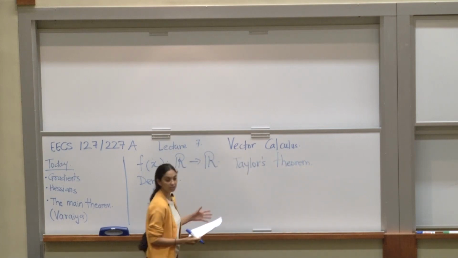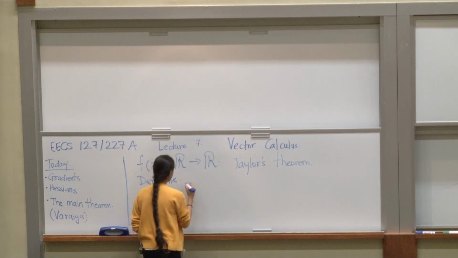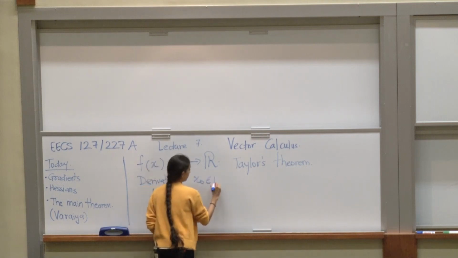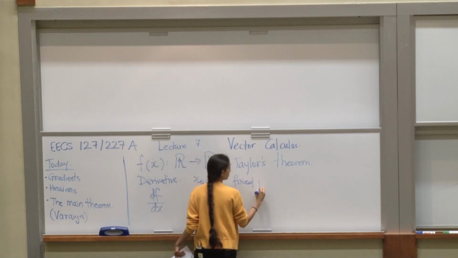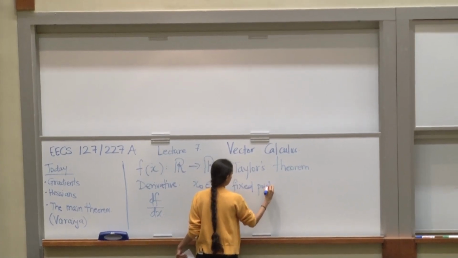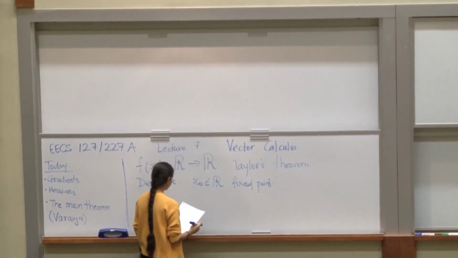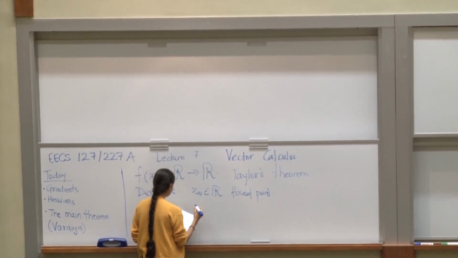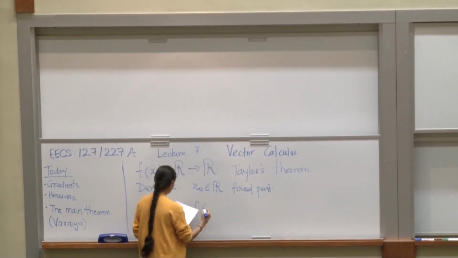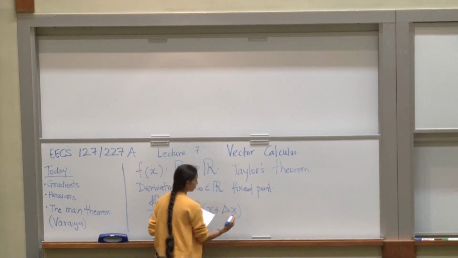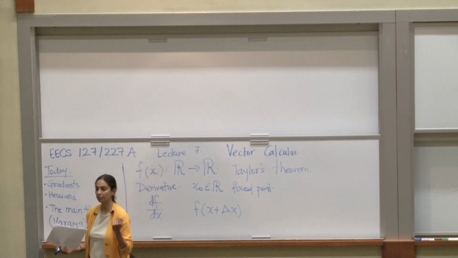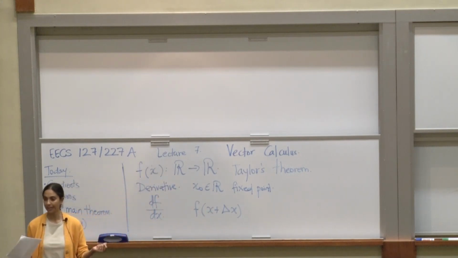What does Taylor's theorem say? It says that, for example, let x naught be some fixed point. And if x naught is some fixed point, then if I consider, let's say, f of x naught plus delta x, well, delta x is now some variation on x.